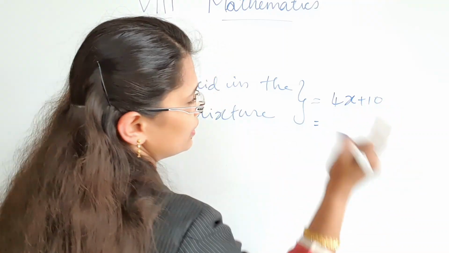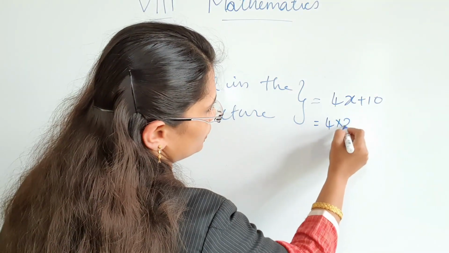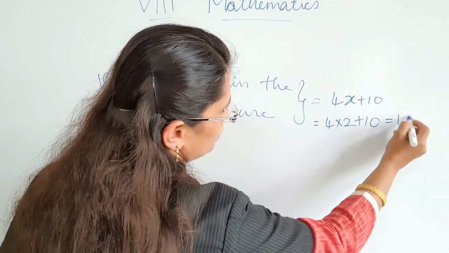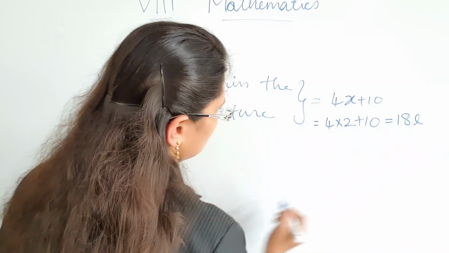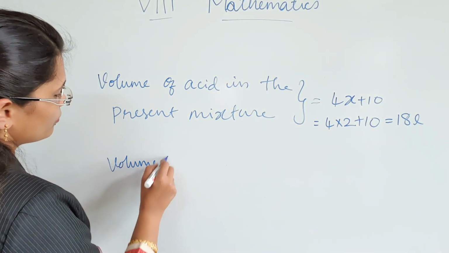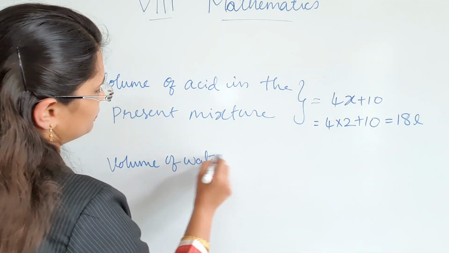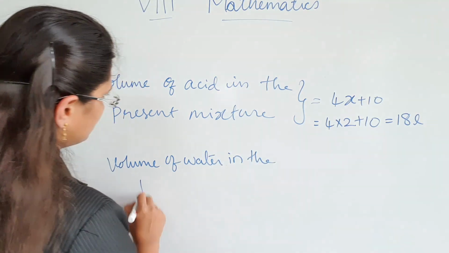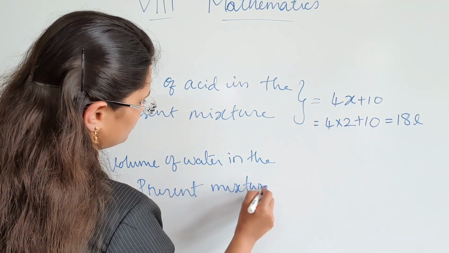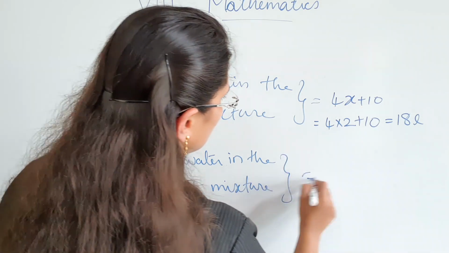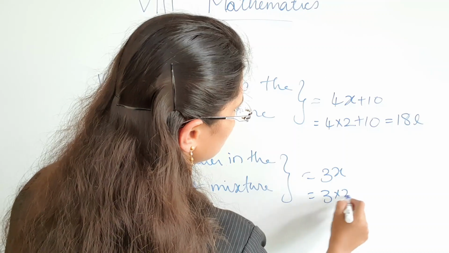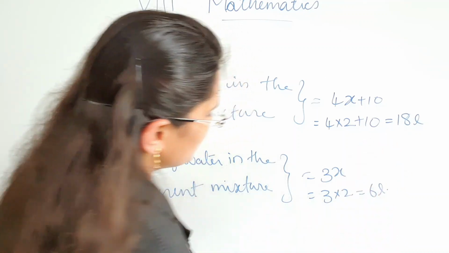So, substitute the value of x here. 4 into 2 plus 10 is equal to 4 2s are 8, 8 plus 10 is equal to 18 liters. Okay. Then volume of water in the present mixture is equal to 3x itself, right, is equal to 3 into 2 is equal to 6 liter.